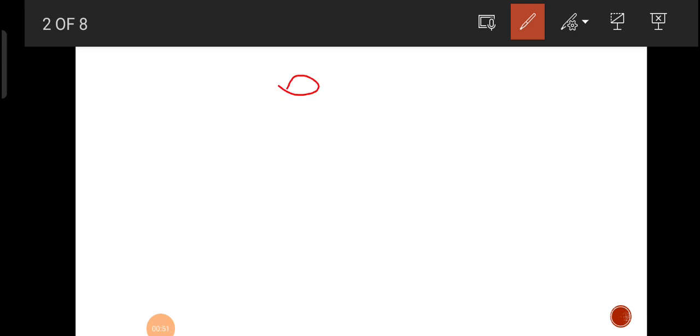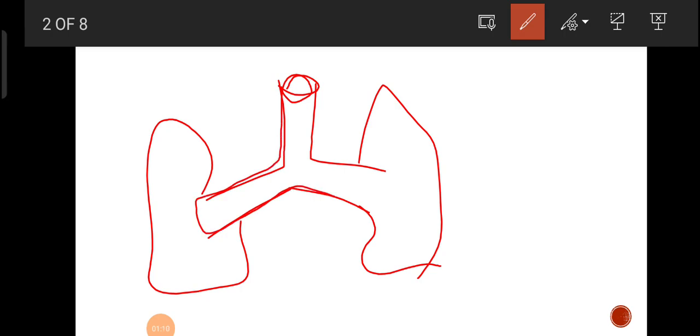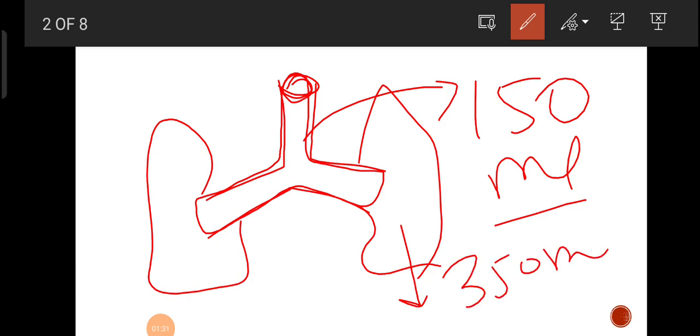If you see the structure of the lungs, you will recall it very easily. Of the air which we inhale, some amount actually remains inside this structure before reaching the tertiary bronchiole, from where the diffusion of the air takes place. About 150 ml remains in this structure, and the remaining 350 ml is known as functional air, that means the diffusion takes place.